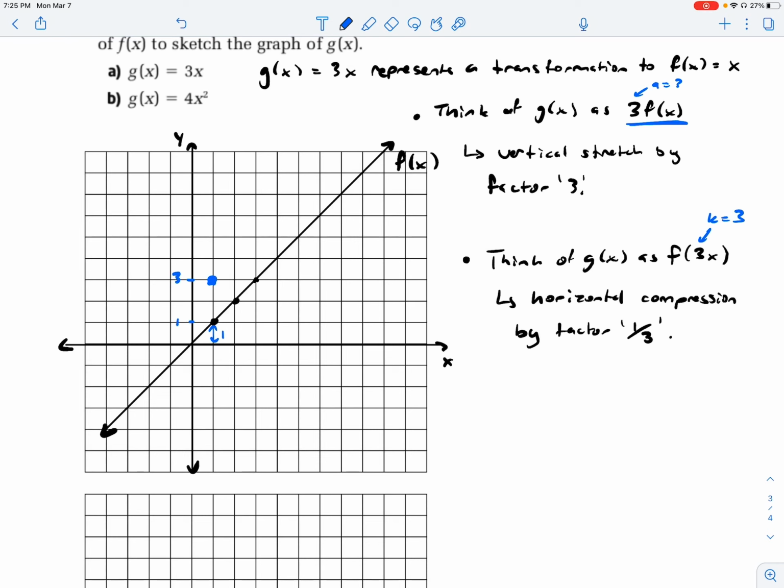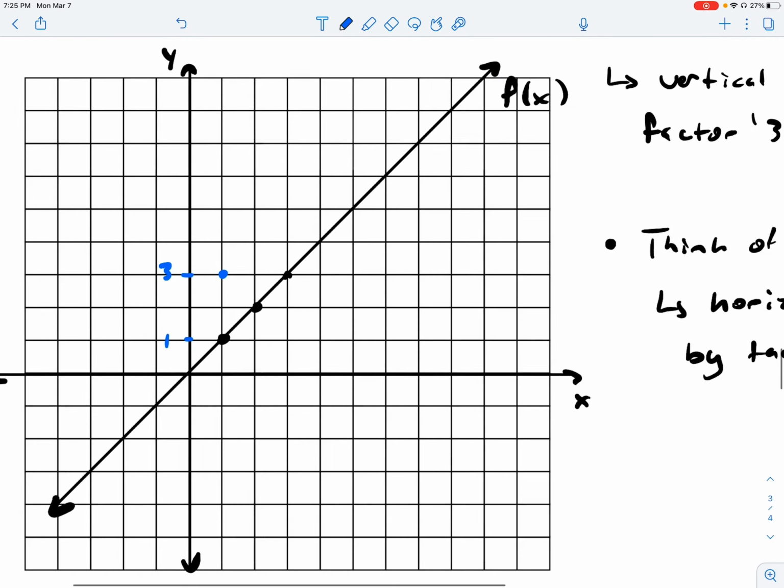I'll mark it off on the y-axis so we can see that better. So this distance got multiplied by a factor of 3, so we went from 1 to 3. Now we have 2 here. If I multiply 2 by 3, I get 6. So my new point has to be at a height of 6. That would be right here.